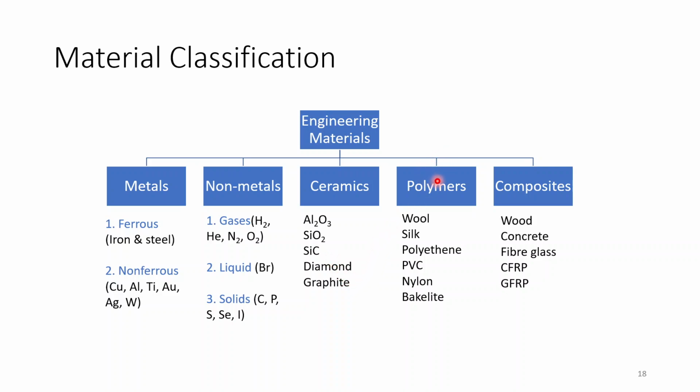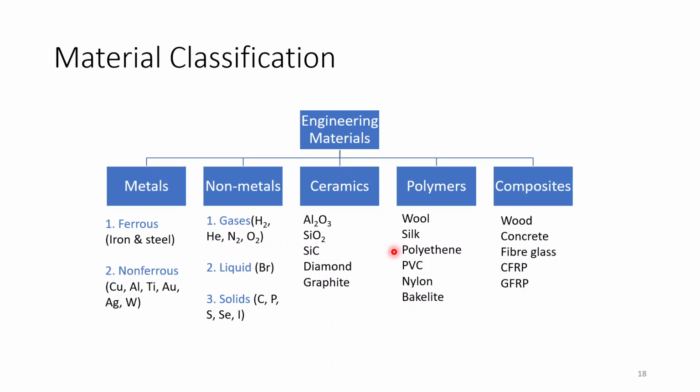In case of polymers, these are chains formed with the help of carbon and hydrogen, and other elements can also be found such as fluorine, chlorine, bromine, etc. Examples include wool and silk, which are natural polymers.